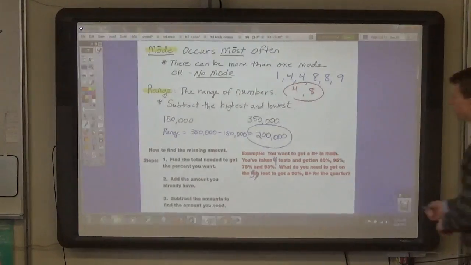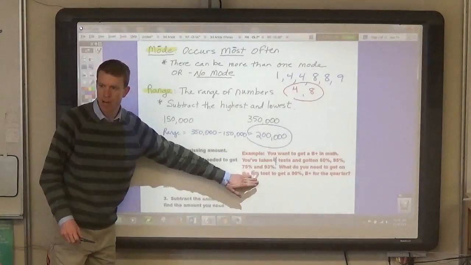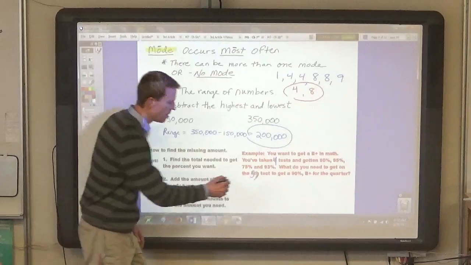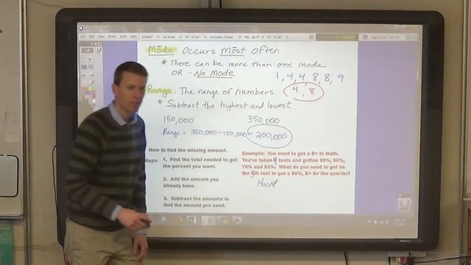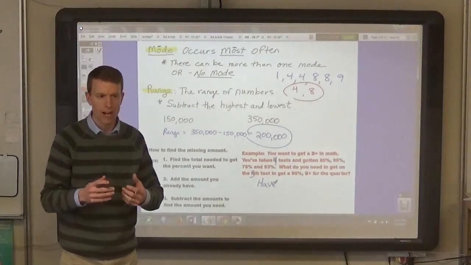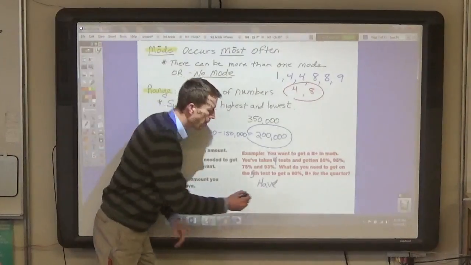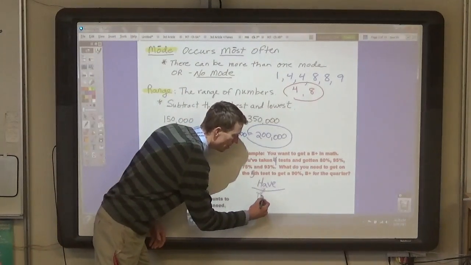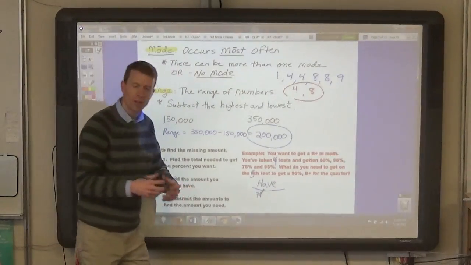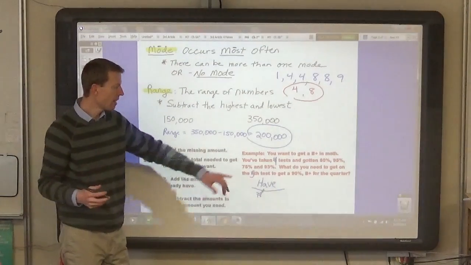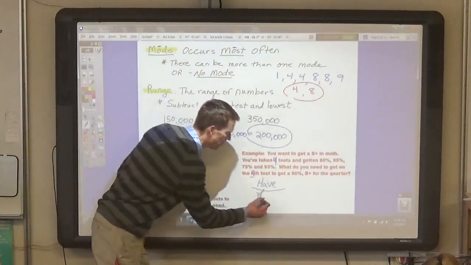And if you apply what you know about how to find the average or the mean amount, you know that it is the amount that you have, like in the quarterback, the amount of total yards divided by the number of attempts, right? Or the number of, in this case, it's the number of what? Tests.